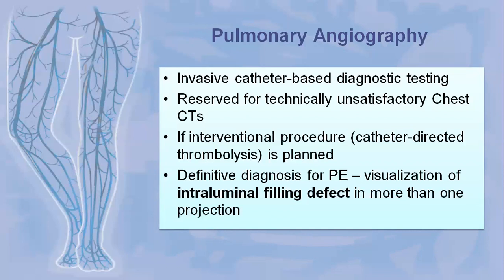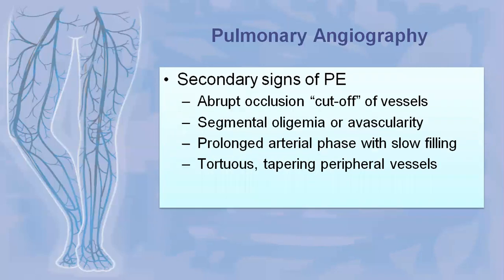The definitive diagnosis for pulmonary embolism is visualization of the intraluminal filling defect in more than one projection. Aside from the definitive signs, we have secondary signs of PE.